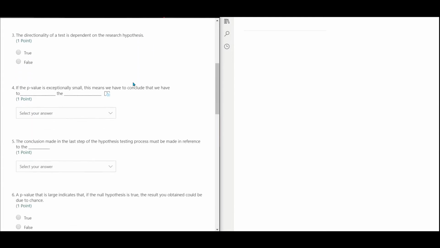The directionality of a test is dependent on the research hypothesis. The research hypothesis is the same thing as the alternative hypothesis, HA. Remember, if you had H0: mu is equal to 5 and H1: mu is greater than 5, based off of this hypothesis, this is a right-tailed test.